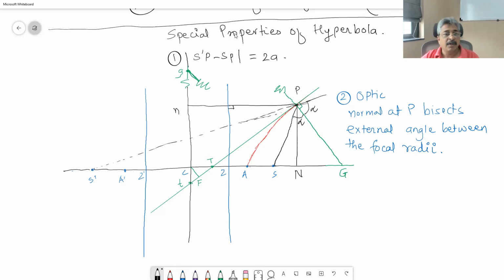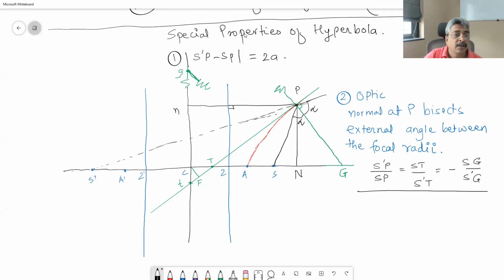Alpha is equal to alpha. If you want to prove this, then what you are supposed to prove is S dash P upon SP is equal to ST upon S dash T is equal to minus of SG upon S dash G.